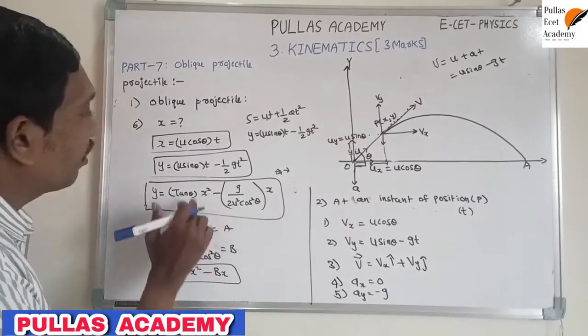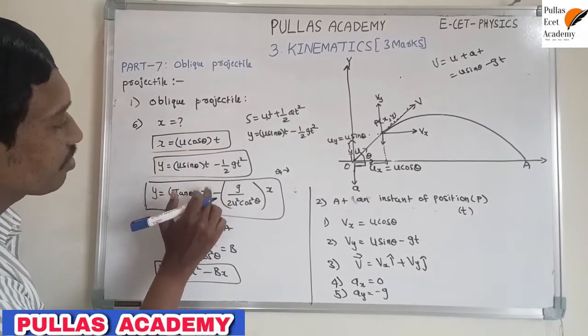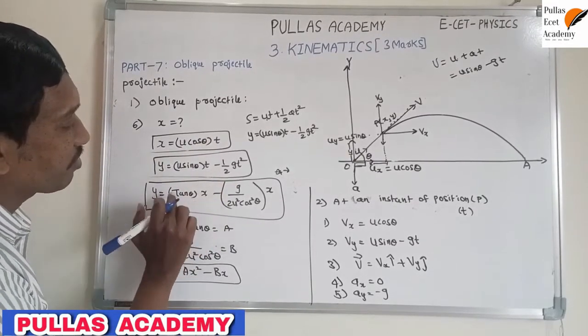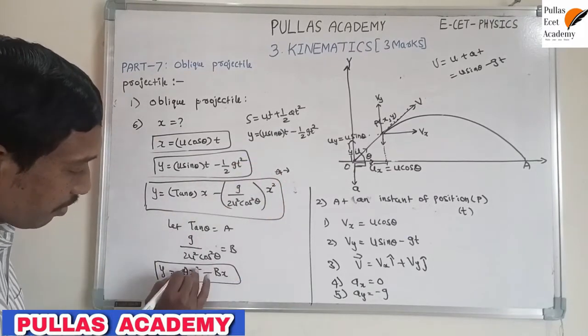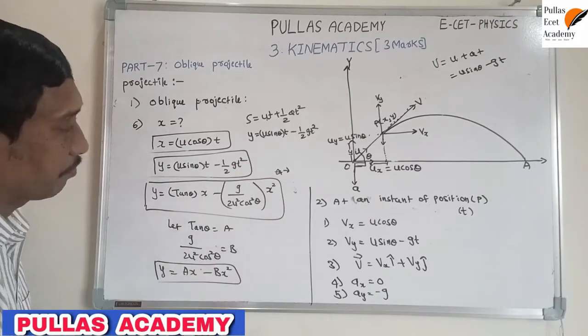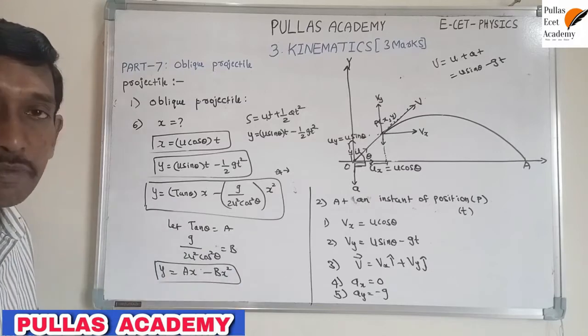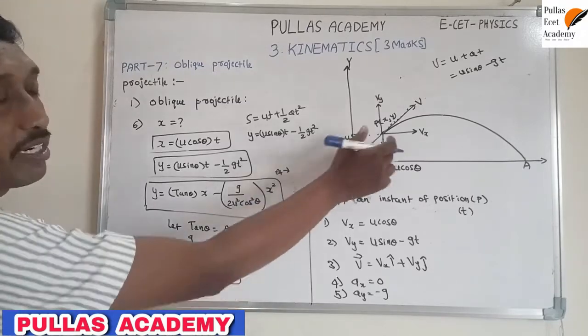Okay, I am very sorry here. When you substitute this equation in this equation, you get not x square, but tan theta into x. Here you get x square. Sorry. So when you compare, you get ax minus bx square. Okay, y is equal to ax minus bx square is the displacement of this projectile.